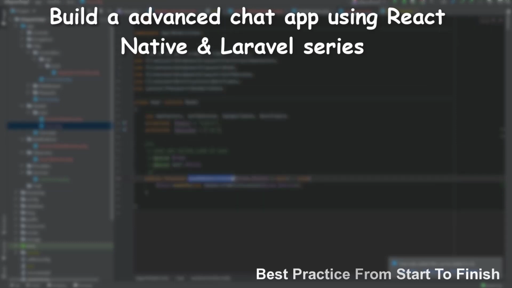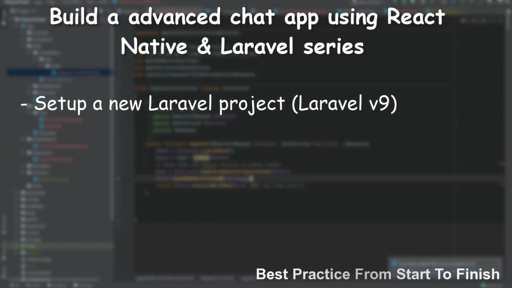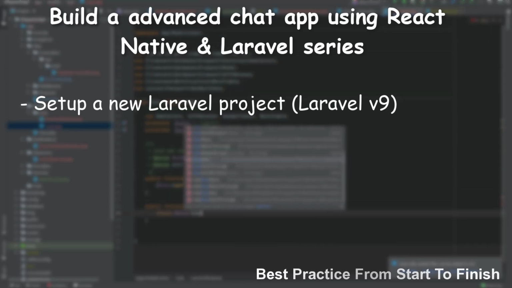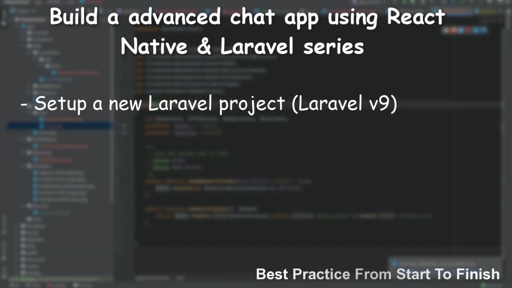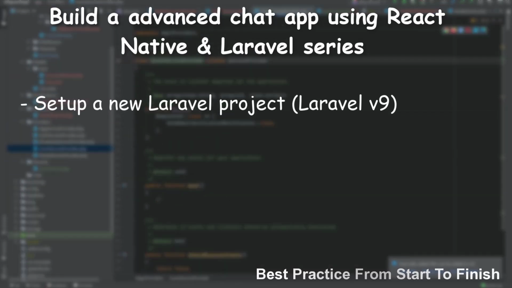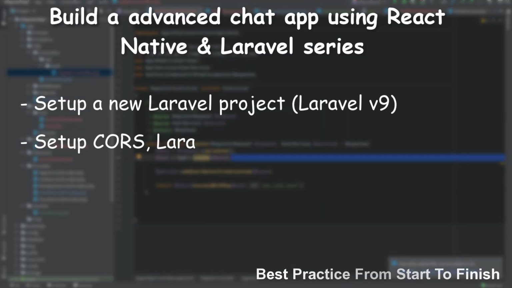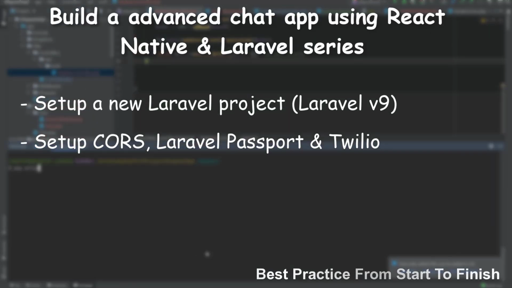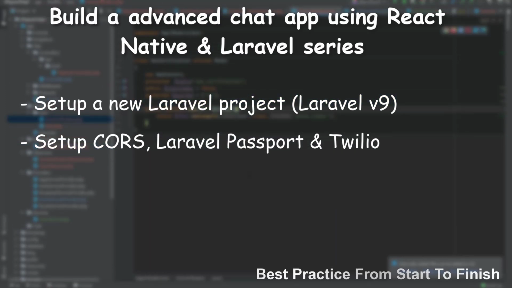In this video I will cover how to set up a brand new Laravel project. Right now I'm using Laravel version 9.12.2. Second, we're going to cover how to set up Laravel CORS, Laravel Passport, and Twilio.